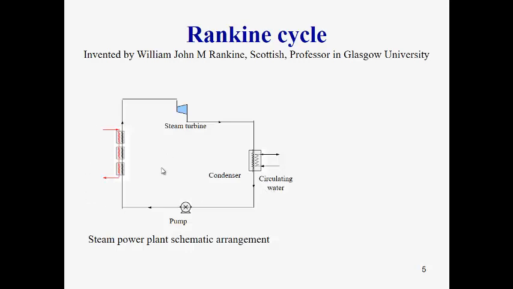The boiler consists of three sections: economizer, evaporator, and superheater. 1 to 2 is the expansion process in the steam turbine. 2 to 3 is the condensation. 3 to 4 is the pumping. And 4 to 1, that is 4, 5, 5, 6, and 6, 1, is the boiling process.